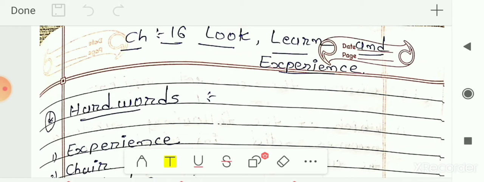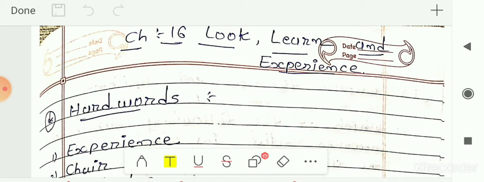We also saw some examples through one table, like the chair. A chair is made up of wood, plastic or iron. These, wood, plastic and iron, are known as the substance, and here our object or thing is the chair.